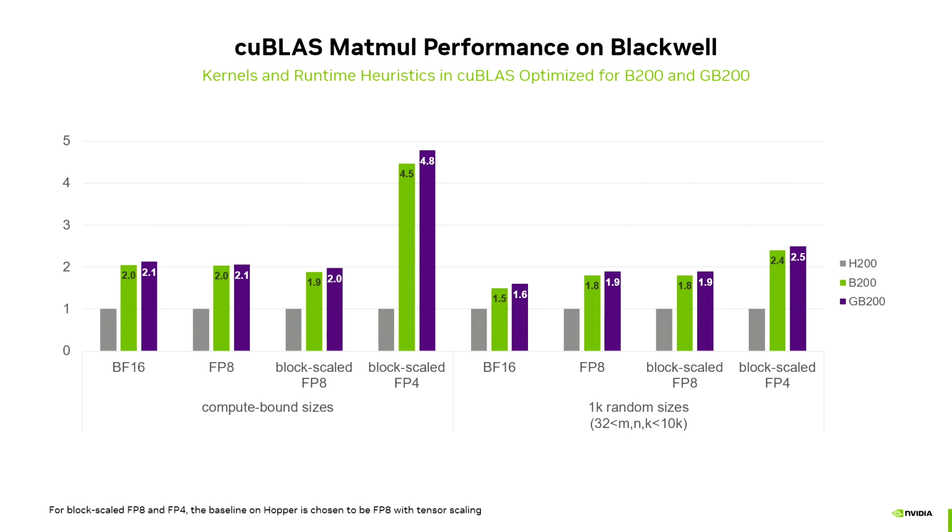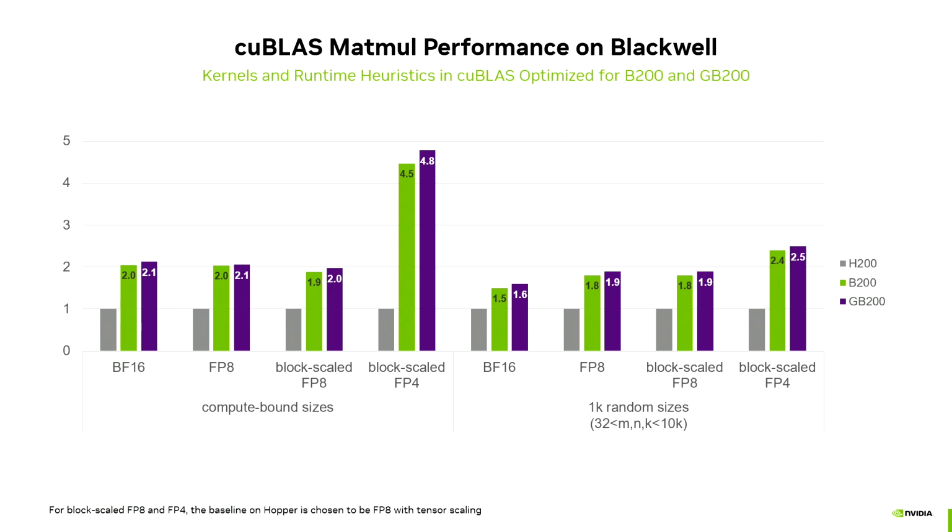On the right half, because we want to present the library performance in general, we took about 1,000 random sizes, very small, medium, and large. Speedups are a little lower just because you have a lot more bandwidth-bound problems and you can't reach the peak with all of them. But you can see that speedups are sustained, and we optimized the kernel implementations in the library and the runtime heuristics that choose kernels at runtime for Blackwell.